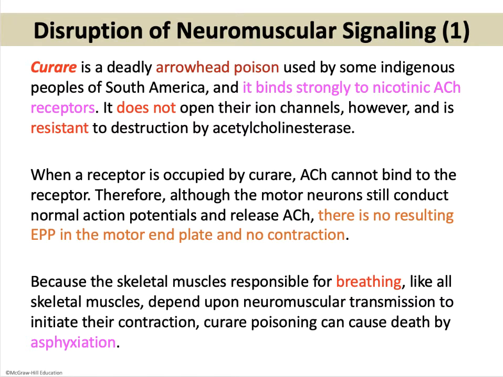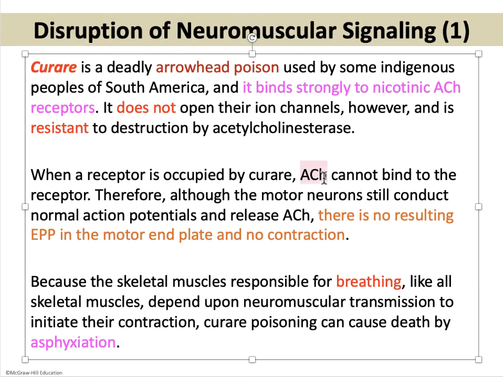The active ingredient is curare, and that binds strongly to acetylcholine receptors, but it doesn't trigger the muscle cell in generating an action potential. So basically it binds and blocks for long periods of time so that no natural acetylcholine can activate the muscle cells. And that leads to the breathing muscles becoming paralyzed and the victim dying of asphyxiation.